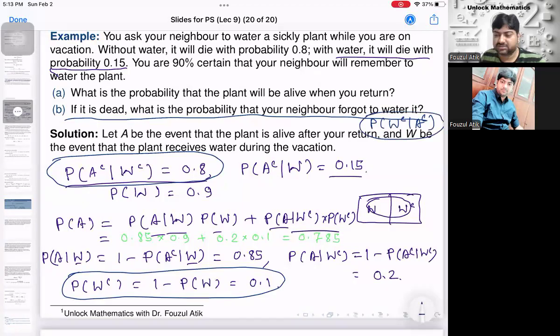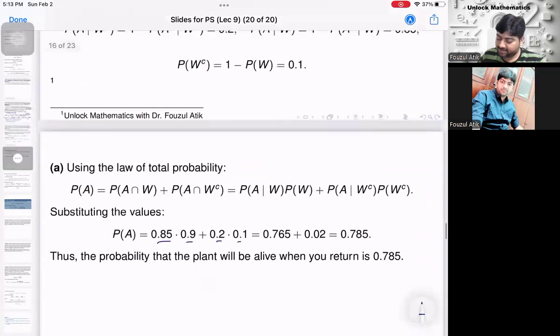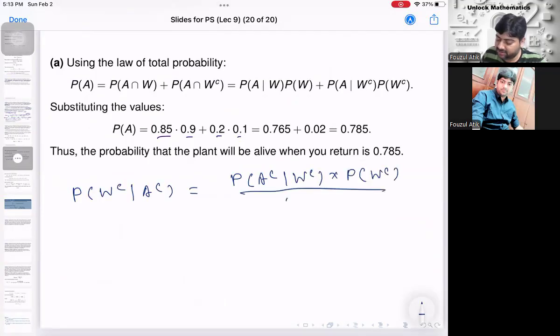How can we do this? Yes, Bayes theorem. If I apply the Bayes theorem, I will get P of W complement given A complement is equal to P of A complement given W complement into P of W complement divided by P of A complement.